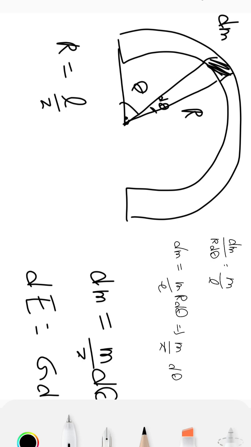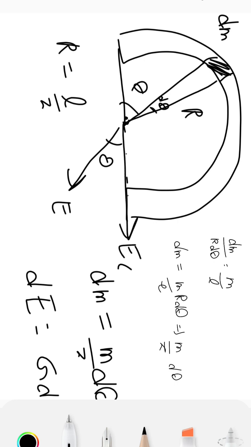So obviously now in this case you will have an E vector like this, and we know that this angle would be theta. So if you break it into components, it's going to be dE cos theta and dE sin theta.